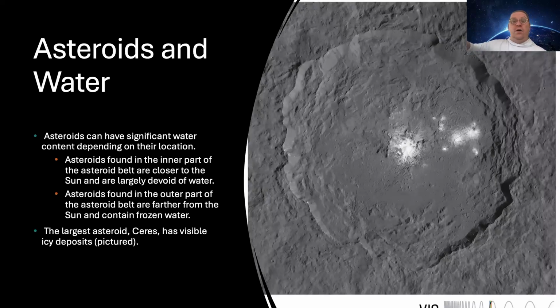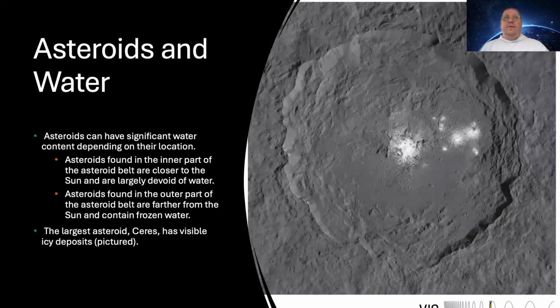Water will exist in the outer part of the solar system in an ice state, and then the orbit of that object will bring it into the inner solar system, and it slams into the Earth and deposits those water molecules onto the surface, which, depending on the temperature, will become either liquid water, a gas, or solid ice.